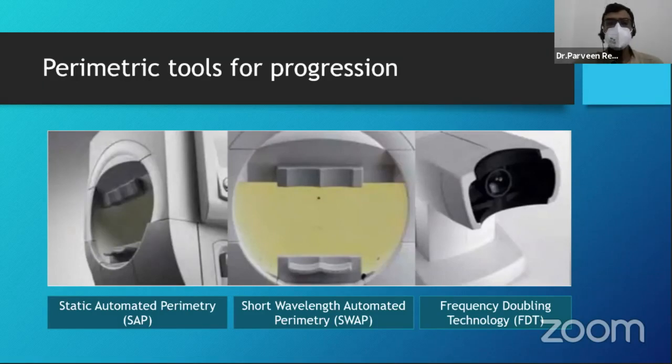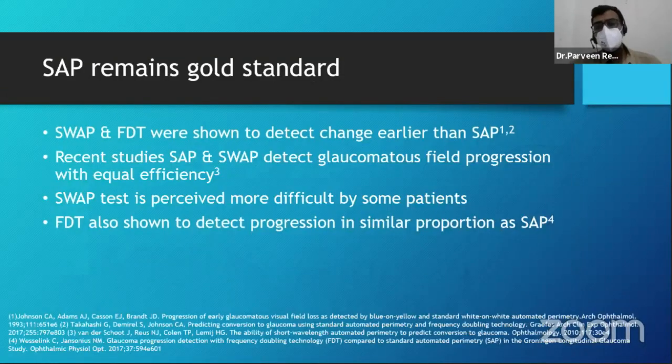Their primary aim was early detection of glaucoma or early detection of progression. But the results of long-term and recent studies say SAP probably remains the gold standard. In earlier studies, SWAP and FDT were claimed to detect changes earlier than SAP, but recent evidence suggests that these tools are not much superior to what SAP can do.